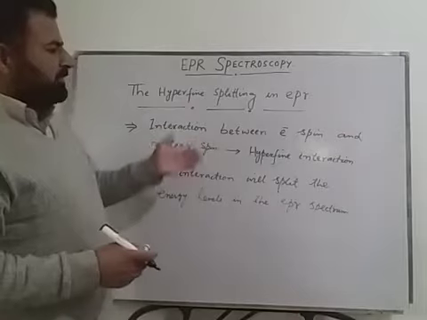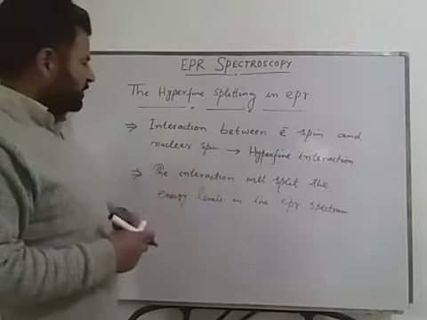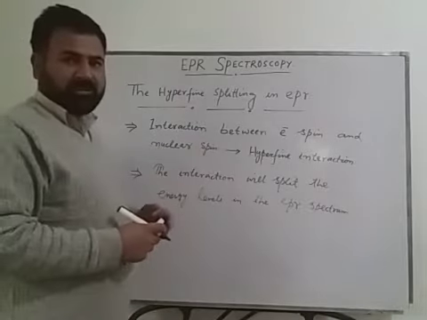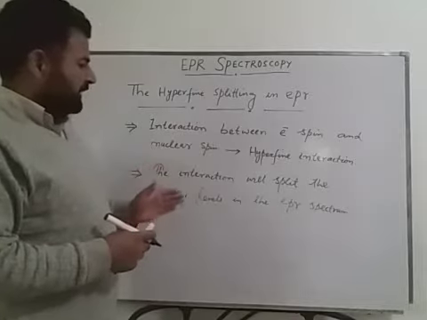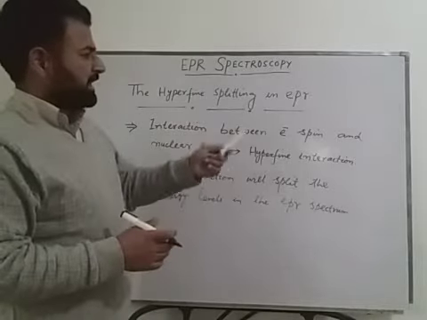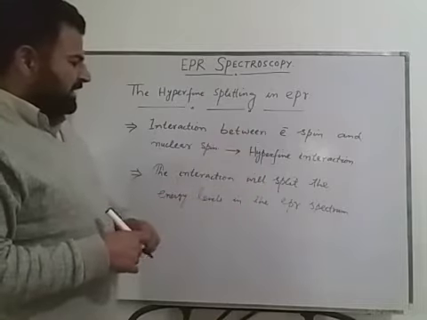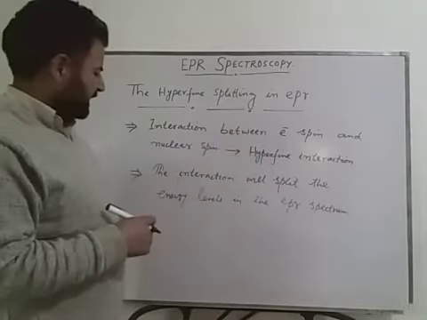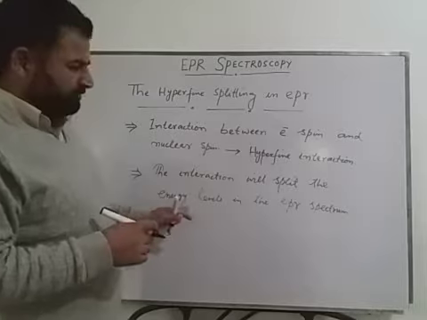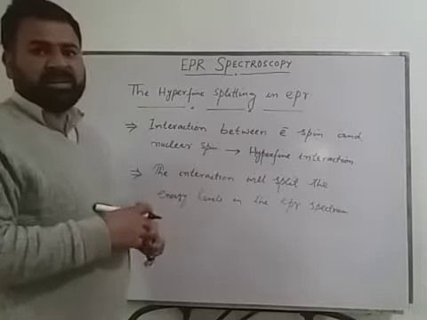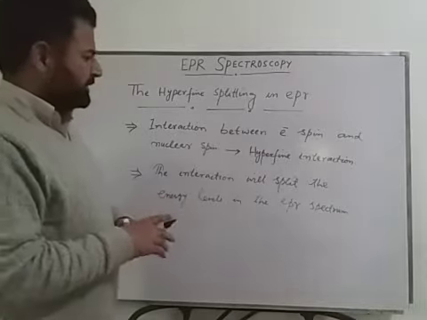This kind of dipole-dipole interaction between the electron spin and the nuclear spin will actually split each energy level due to the electronic spin into different levels, depending on what kind of nucleus they are interacting with.